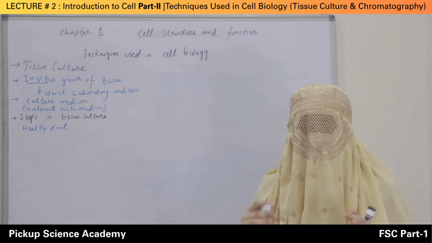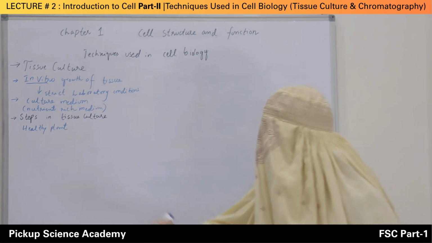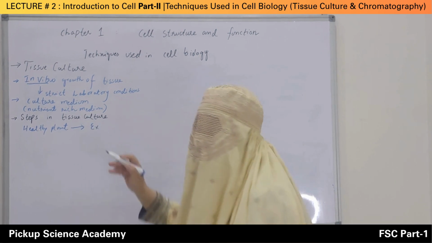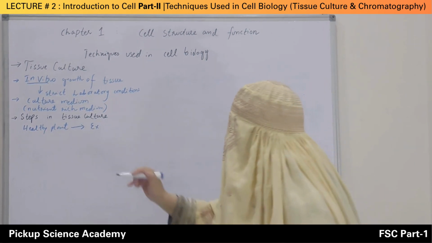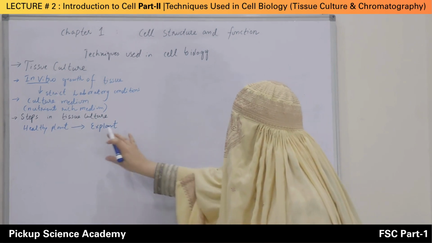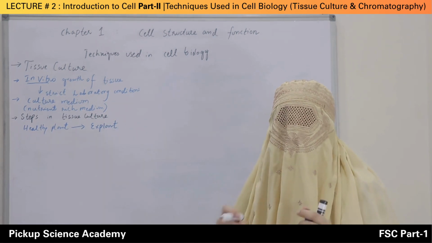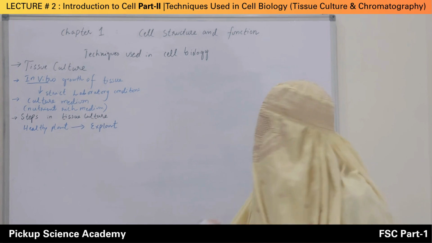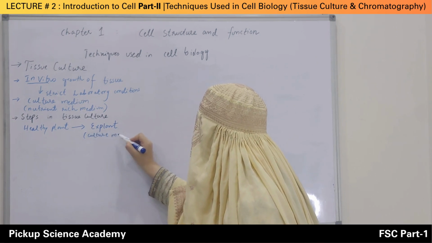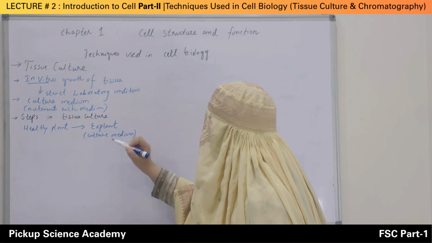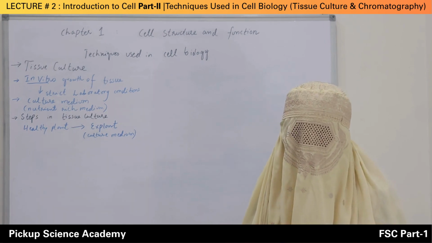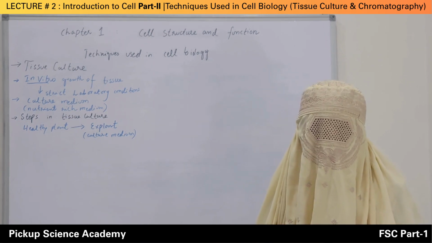We take a tissue from that plant, and that tissue is called an explant. This explant is kept in the culture media. Then, when it is kept in the culture media, the cells start division.